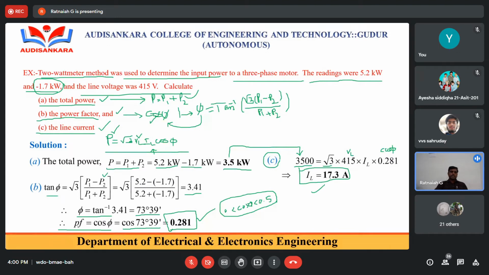See how easy it is. For end examination purposes, they can ask 5 to 7 marks for this question. But at the competitive level examination, they can go for only a 1 mark question, like in the GATE examination. So students, please refer to the textbook, either Alexander or Chakrabarti or CL Wadhwa or any other textbook related to the two-wattmeter method.